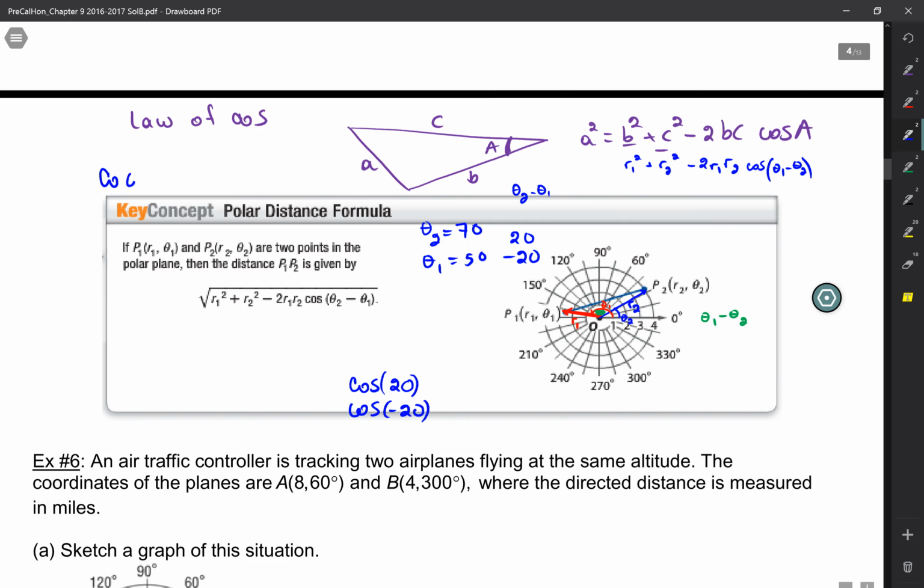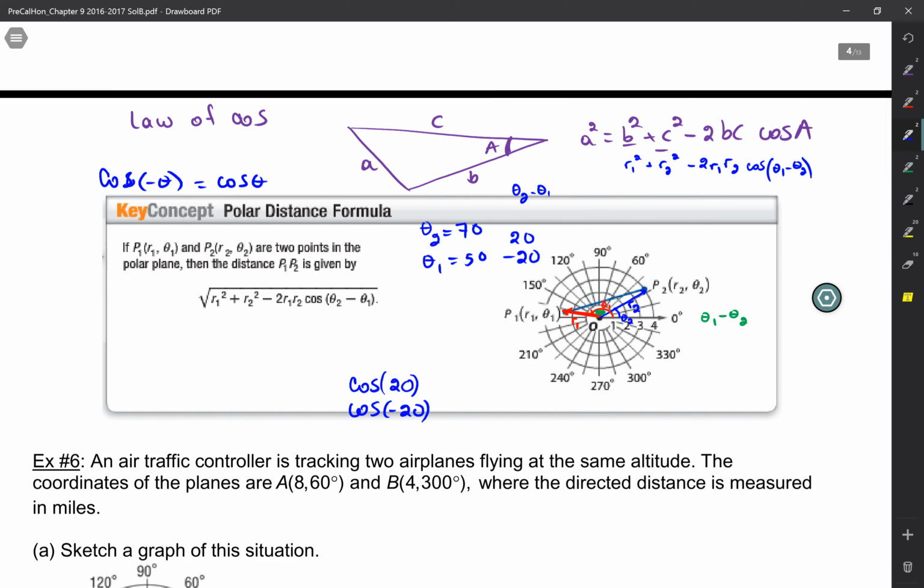Remember, cosine of negative theta is cosine of theta. So you could have theta 2 minus theta 1 or theta 1 minus theta 2, and it doesn't make a difference. And it's important for me that you recognize that. More than knowing that formula under the square root, it's important for me that you recognize that the cosine is an even function. Therefore, the angle doesn't matter if it's positive or negative.